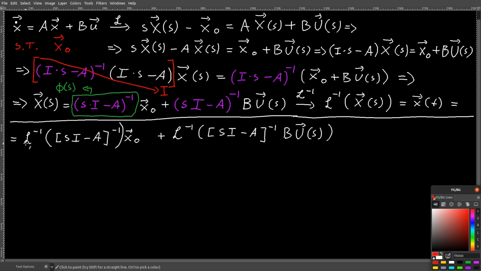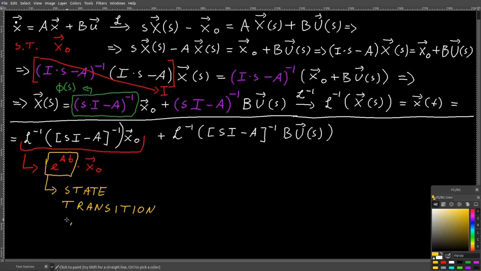And now, in the first term of your solution, the Laplace inverse of this matrix has this form in the time domain, which means that the entire first term in the time domain will be e to the power of matrix A times t times your initial condition vector. This matrix here is called the state transition matrix.